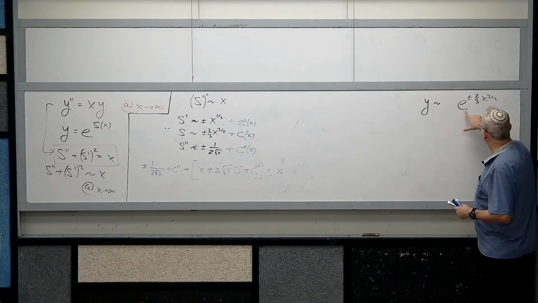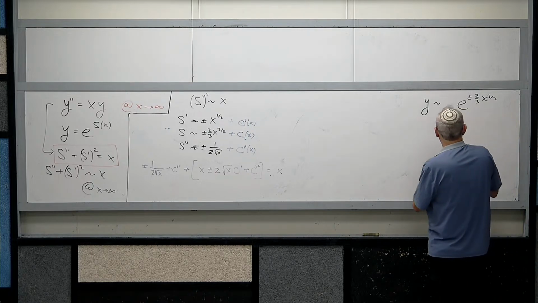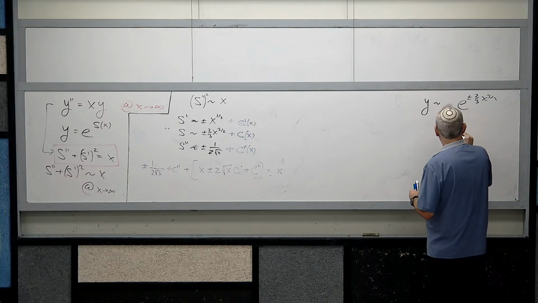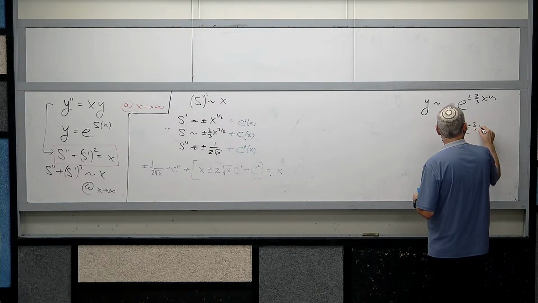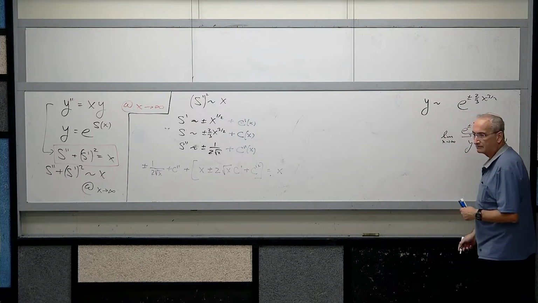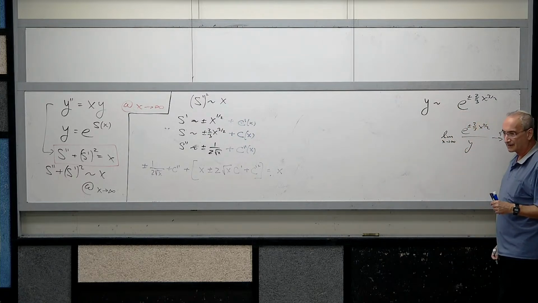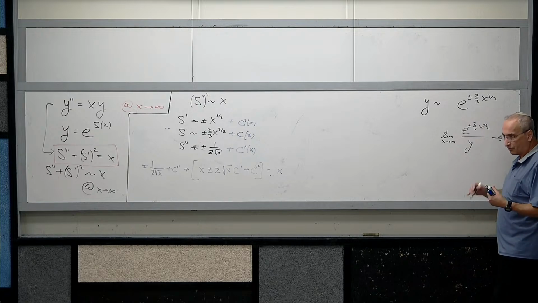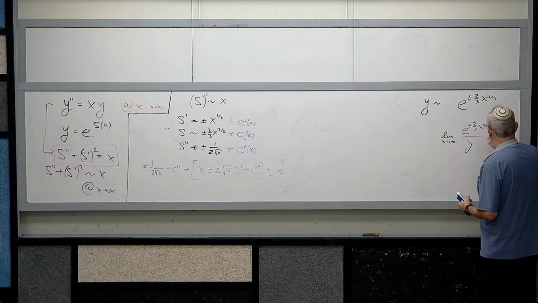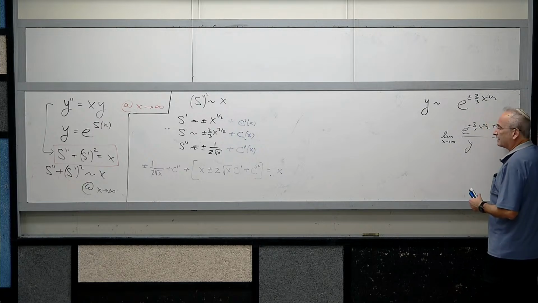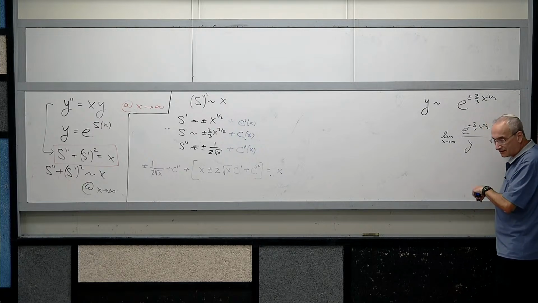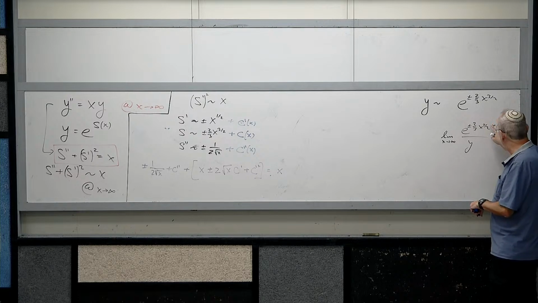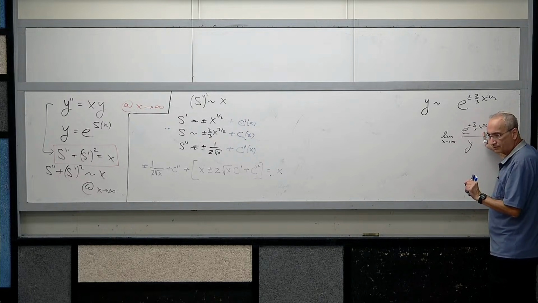And if I'm writing that, it implies that I assume that the limit when x goes to infinity of e to the plus minus 2/3 x to the 3/2 divided by y is going to 1. And I have absolutely no proof that this is the case. In order to have a proof, I should calculate the next term here and show that this next term is going to 0. If this next term is going to 0 as x goes to infinity, then fine. Then I'm in a good shape.